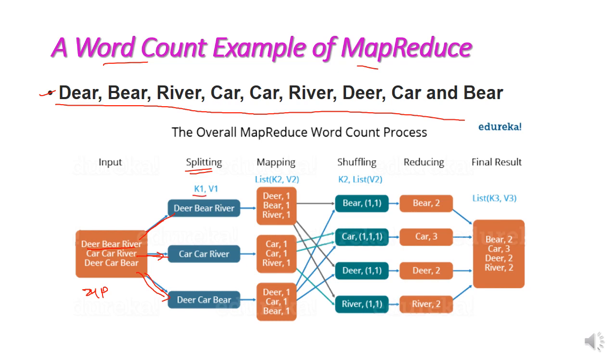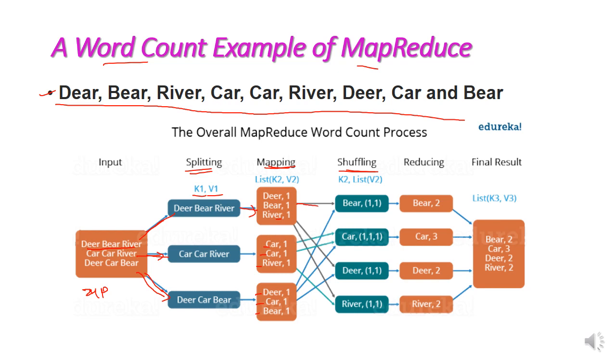This is called input splitting, with keys and values, and these split inputs will be given to the map function. In the map function we have deer 1, bear 1, river 1, and here car 1, river 1, and here deer 1, car 1, bear 1. So we have 3 different key value pair groups, and these key value pairs will be shuffled.